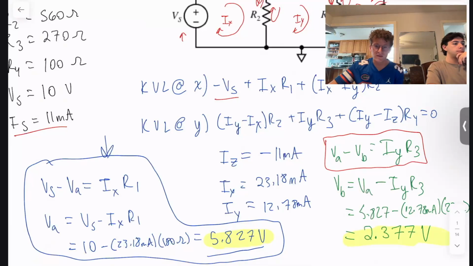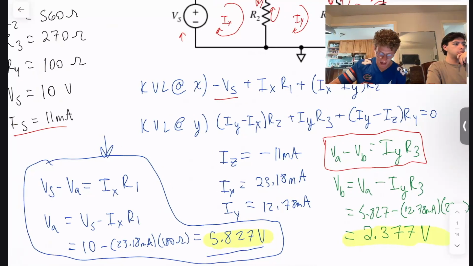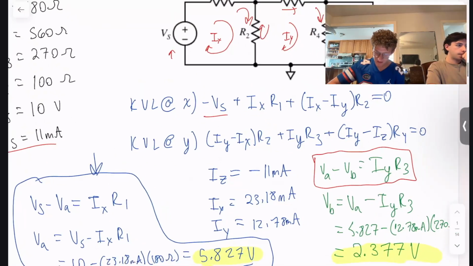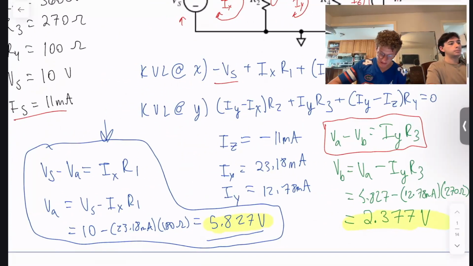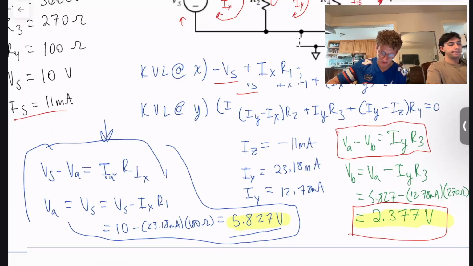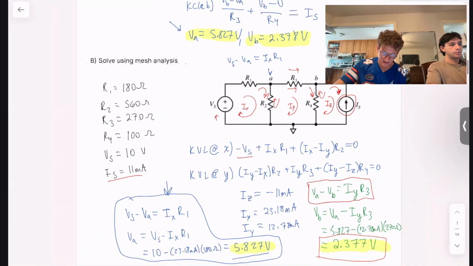Rearranging and solving for VB, we get 5.827 volts minus IY, our current through that R3 resistor, multiplied by the value for our R3 resistor, and that gives us 2.377 volts, which, as we can see, is consistent with the answer we got up here.